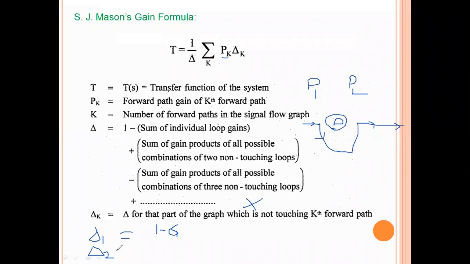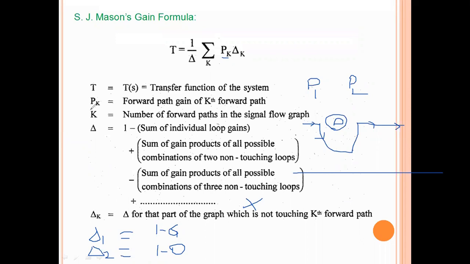For delta 2, suppose the second forward path touches each and every part of the graph. Then nothing is missed, so delta 2 is 1 minus 0, or simply 1. This is how we determine the delta k values.